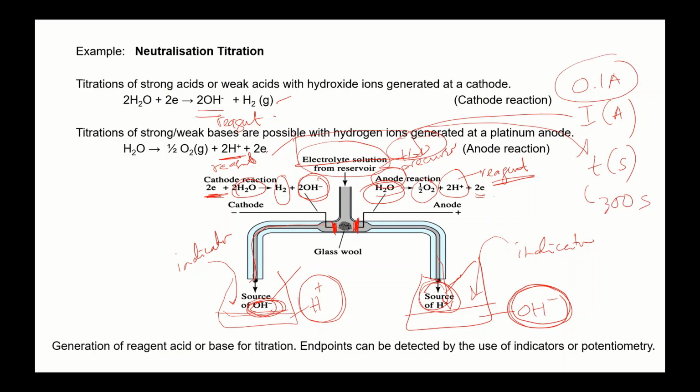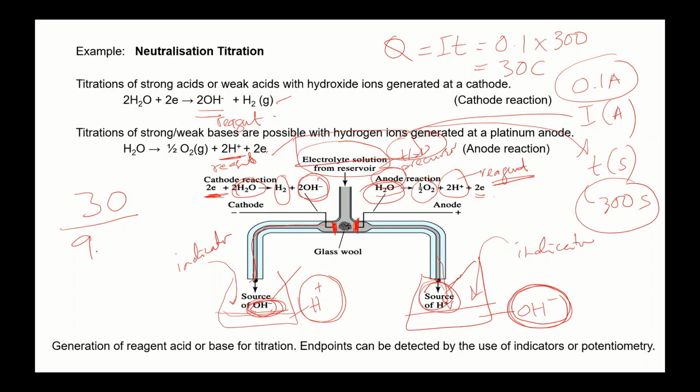So you can calculate Q. Q equals I times t. So 0.1 ampere times 300 seconds, you should get 30 coulombs. Once you know the coulombs required to produce the reagent, you should find the moles of electrons involved, using coulombs per mole.